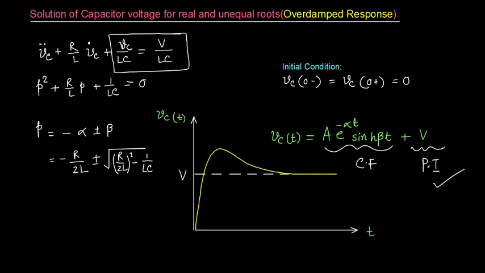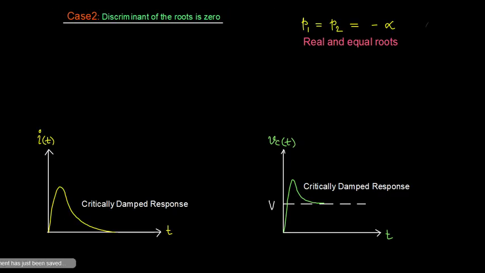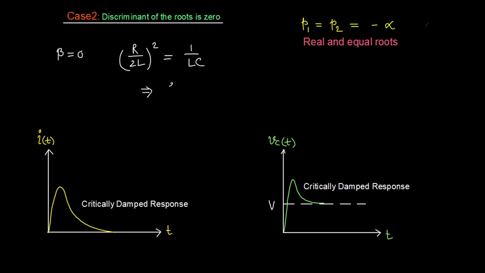Moving on to case 2, when the discriminant of the roots is 0, that means beta square is 0, beta is 0, that is (R by 2L) whole square is equal to 1 upon LC, and from that we can obtain zeta equal to unity, because we know zeta equals this ratio.